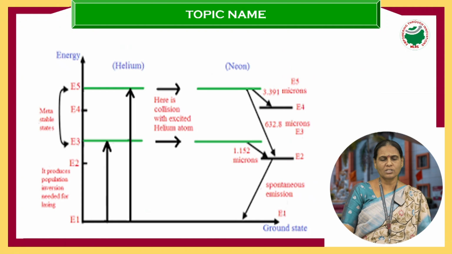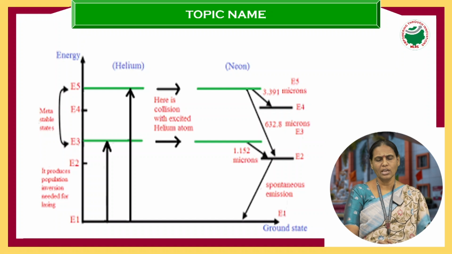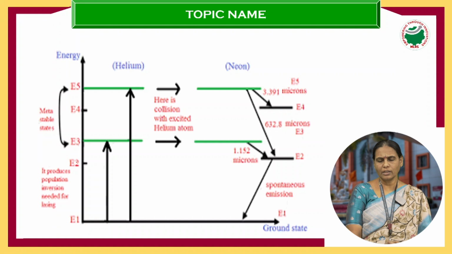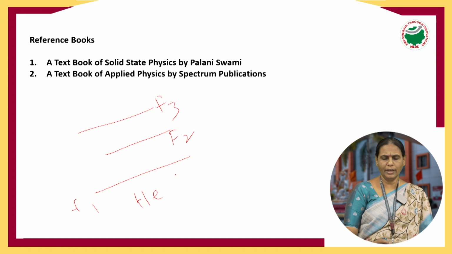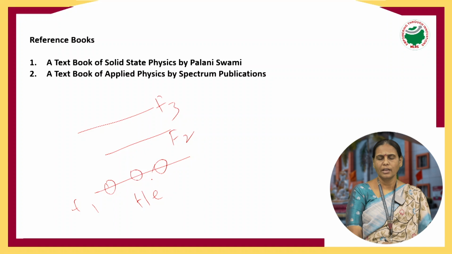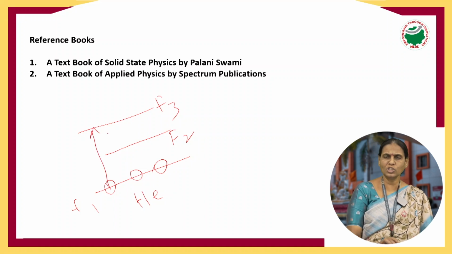Now helium has three energy levels, named F1, F2, F3. This is helium. Now we provide energy to the lower energy state. Discharge is released, then helium absorbs the energy and gets excited to a higher energy state.